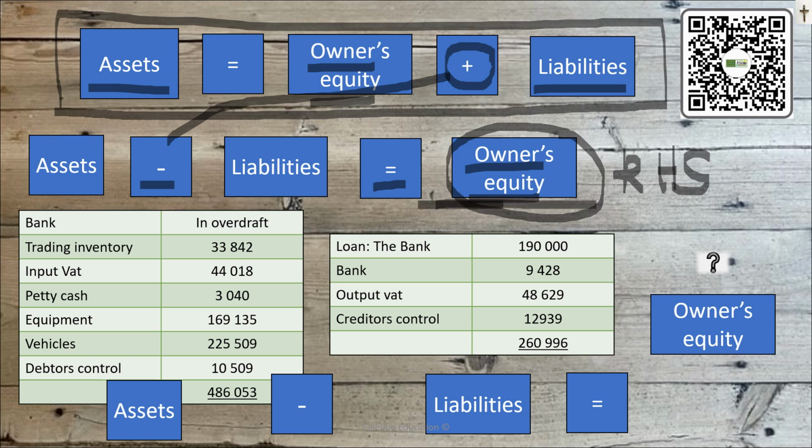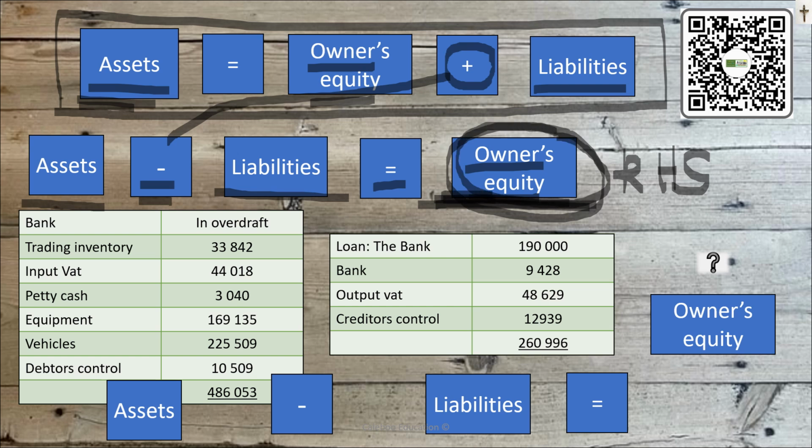So how do we calculate owner's equity? It is assets minus liabilities. So I've taken the accounting equation and I've changed the subject of the formula. The subject was assets. I've now made it owner's equity because we're trying to calculate owner's equity.